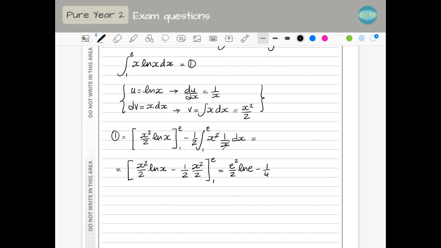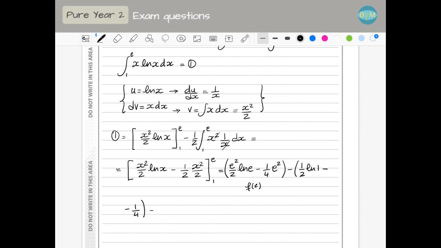I'm multiplying the 2's, e squared. That's when I substitute e. So this is like f of e minus when I substitute the 1. So I have x squared 1/2 ln 1 minus 1/4 1 squared. So 1/4.